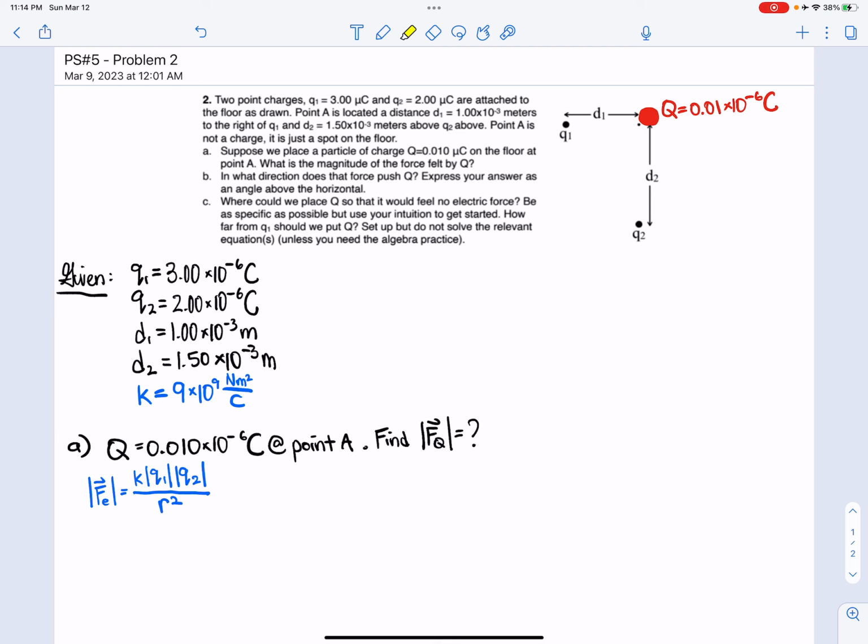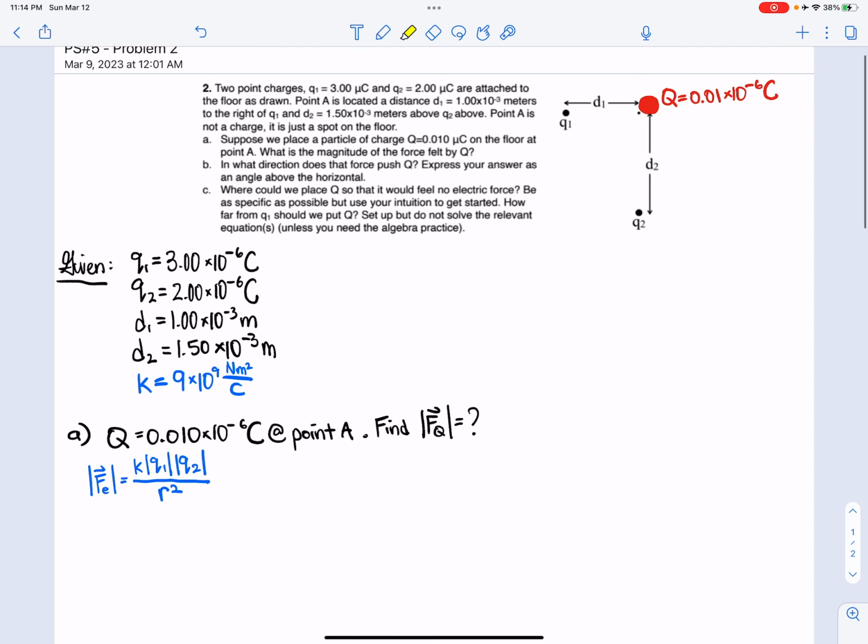And for force 2, Q1 will be whatever point charge we have in the floor, and then Q2 will be the particle that we added, the one we want to find the electrostatic force felt by. Okay, so let's write that down.